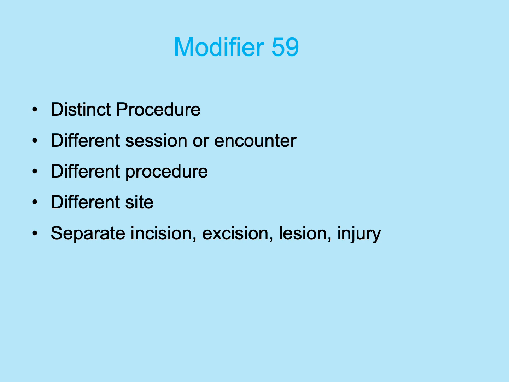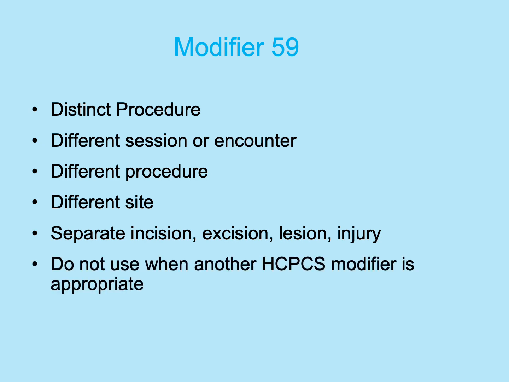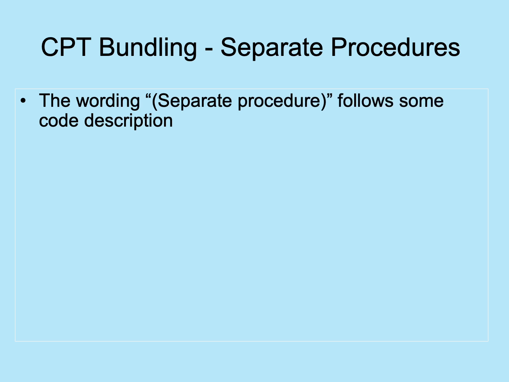It's a different procedure, a different site, a separate incision, excision, lesion, or injury, or most commonly, it's a separate procedure code. And we'll talk about that in a minute. I talk about this extensively in my video on the global package, if you want to get more information about this. So this goes into separate procedure code.